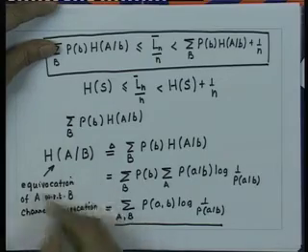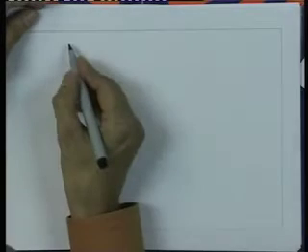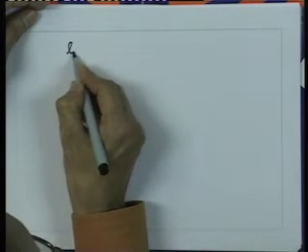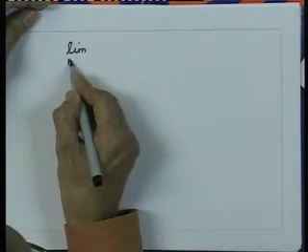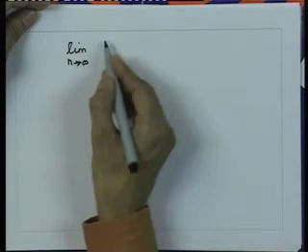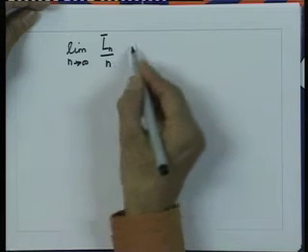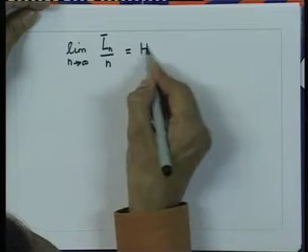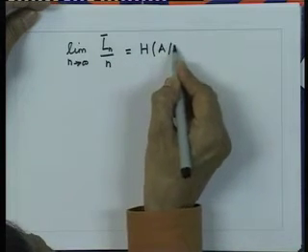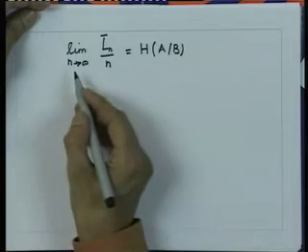So, in terms of channel equivocation, we can write the generalized Shannon's first theorem as the limit of n tending to infinity of Ln bar over n is equal to H(A|B).